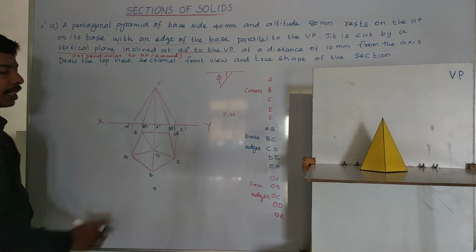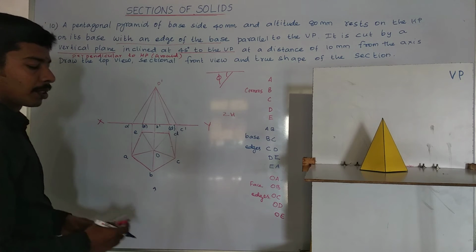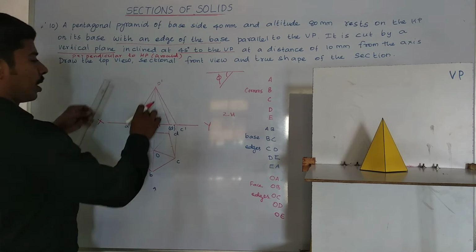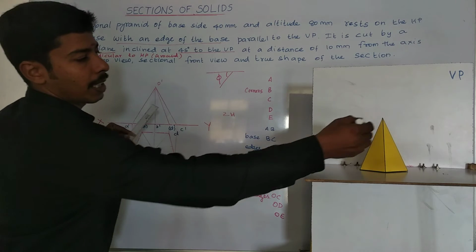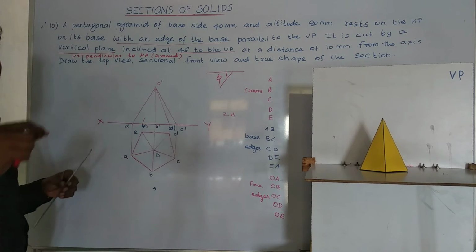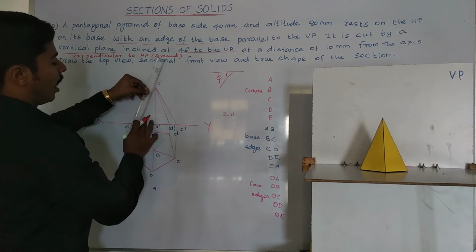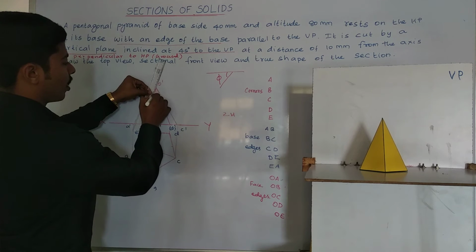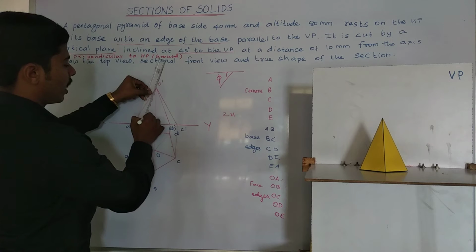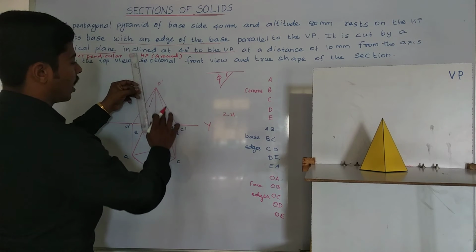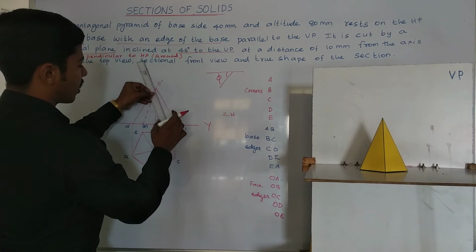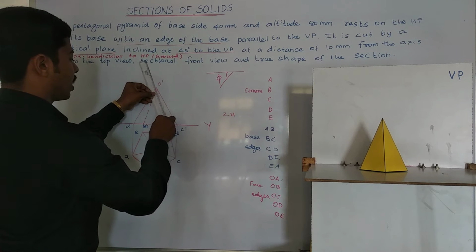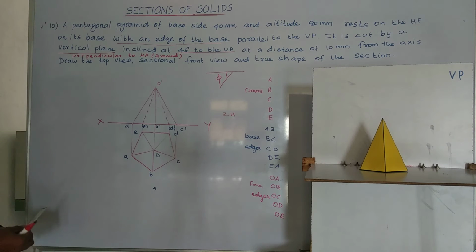The edge OE is also hidden. Looking from here, these three edges in front are visible in the front view, and the two edges at the back are not visible. For hidden edges, we mark hidden lines as dashed lines. So it is completed.